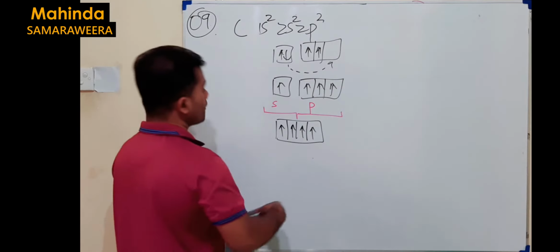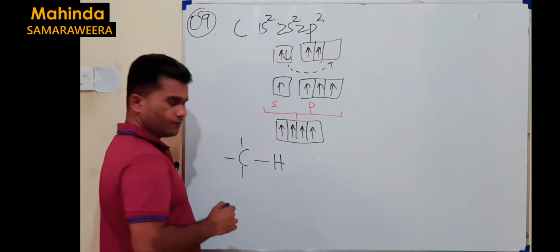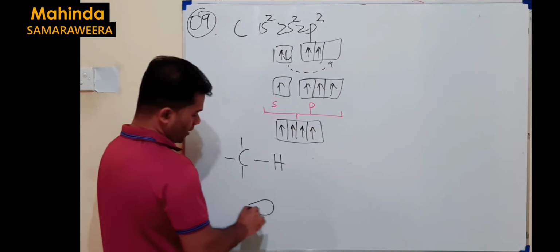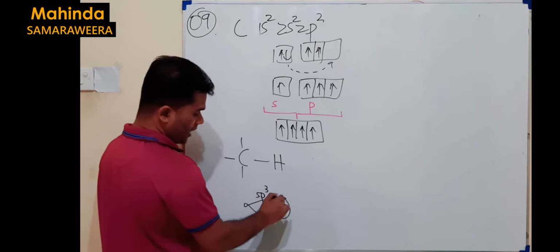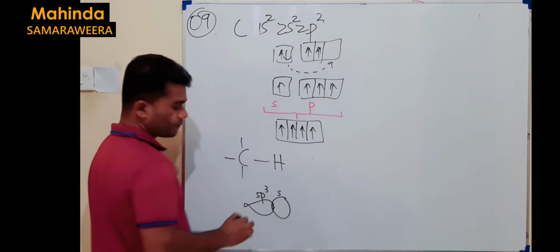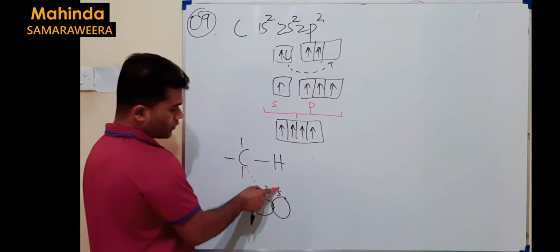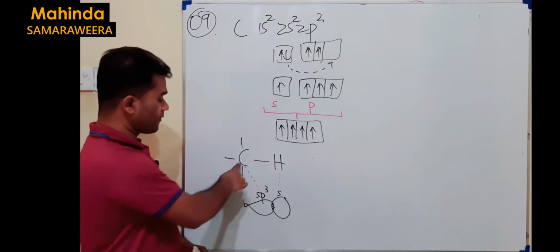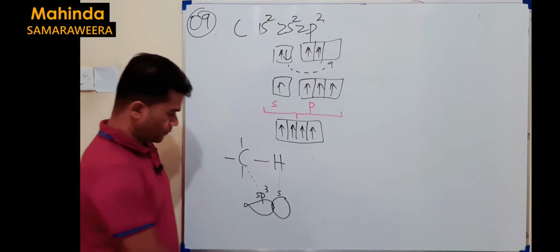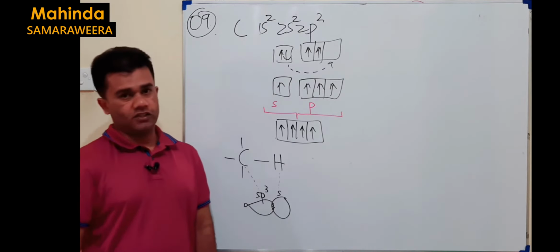But in the formation of a CH bond, let's say this CH bond, the sp3 hybrid orbital of carbon linearly overlaps with the s orbital of hydrogen. You see, sp3 orbital from carbon, s orbital from hydrogen. So if orbitals from different atoms combine, that is called overlapping, not hybridization.